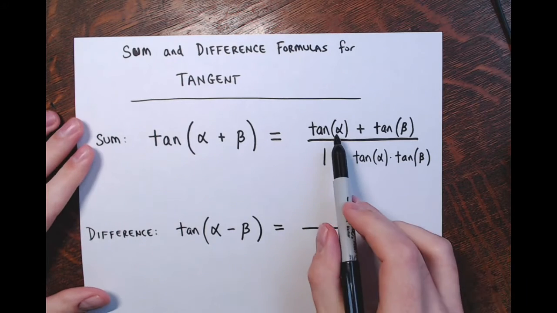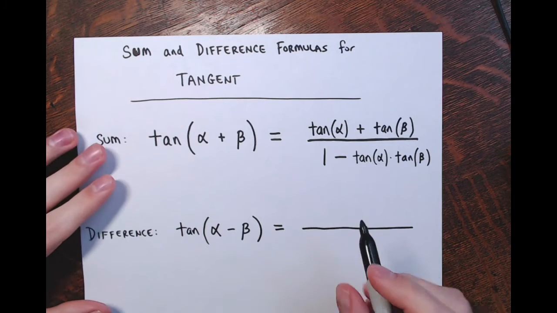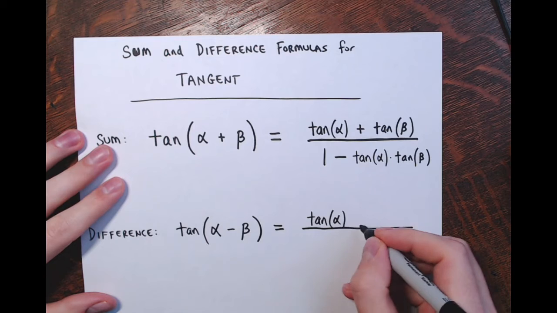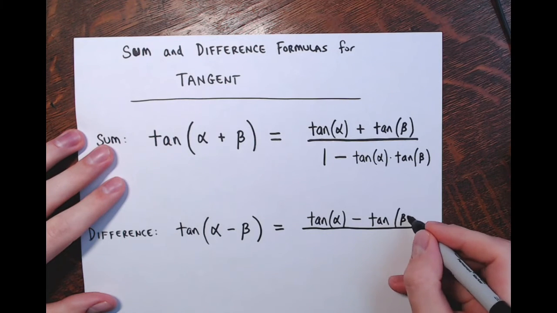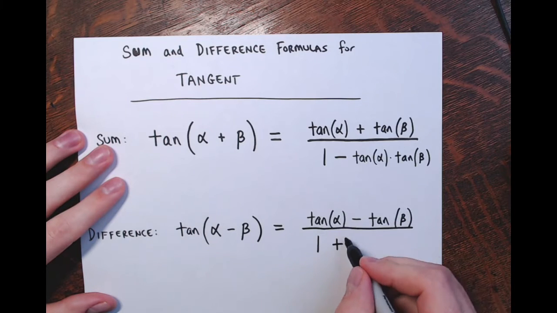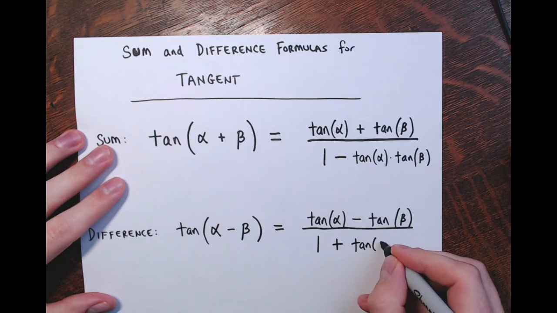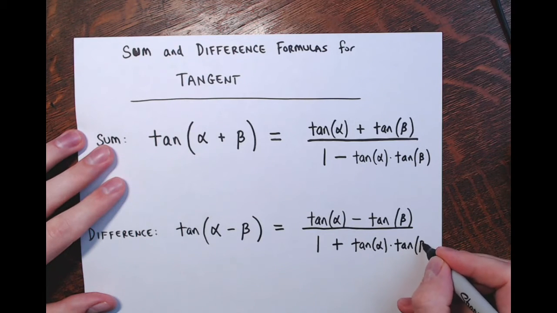The numerator is the tangent of the first angle, alpha, minus the tangent of the second angle, beta. And then the denominator is 1 plus. If there's a minus up here, there's a plus down here. And then the product of the two tangents, the tangent of alpha times the tangent of beta.